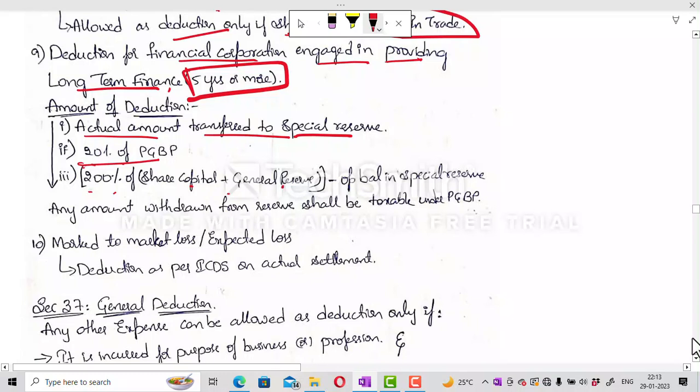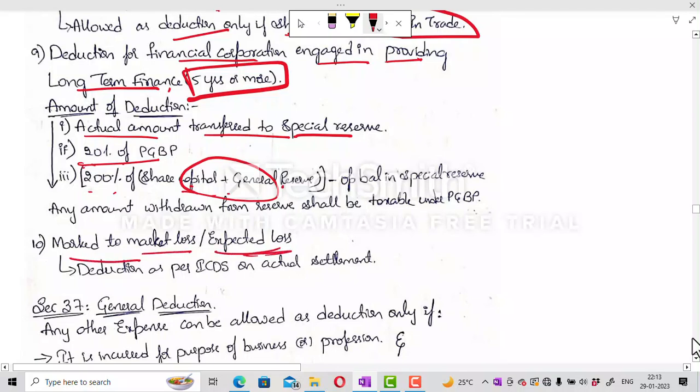See, we should take 200% of the aggregate of these minus the opening balance in reserve. Already an opening balance will be there, no? That we need to reduce now. The minimum amount we can take as deduction. Any amount withdrawn later will be taxed.